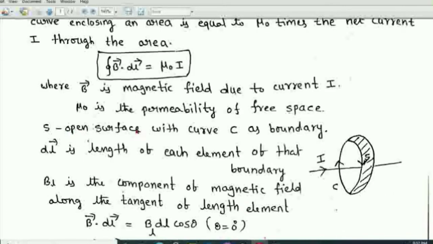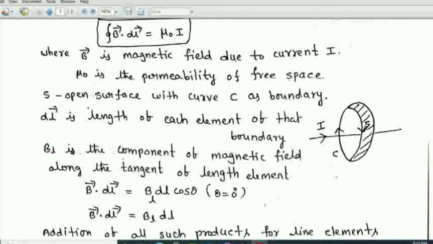S is the open surface, C is the boundary, and dl bar is the length of each element of that boundary. If BL is the component of the magnetic field along the tangent of the length element, for example, if you consider a length element of this curve, BL is the component of the magnetic field along the tangent of that length element.